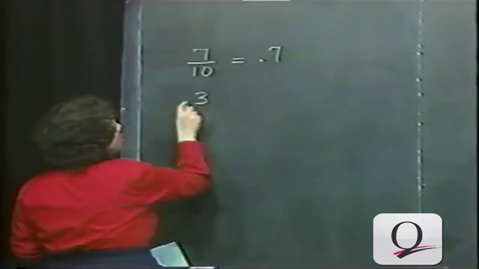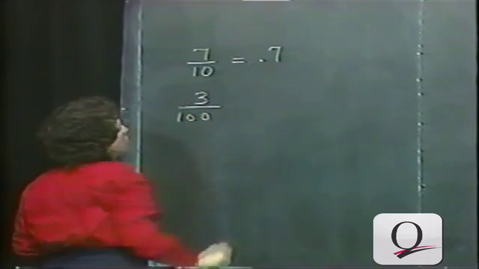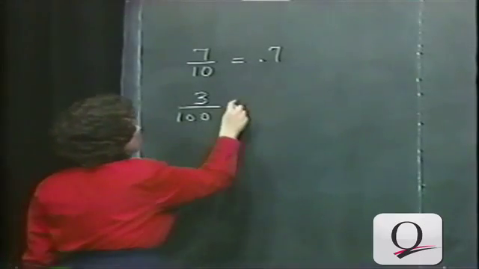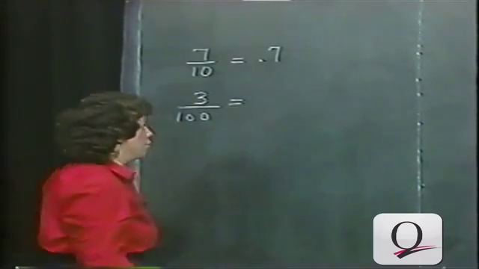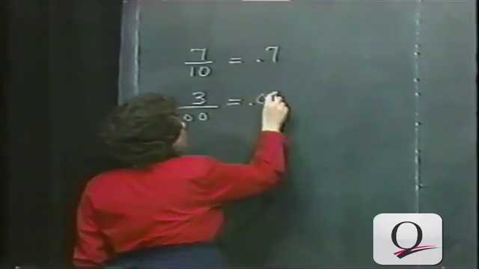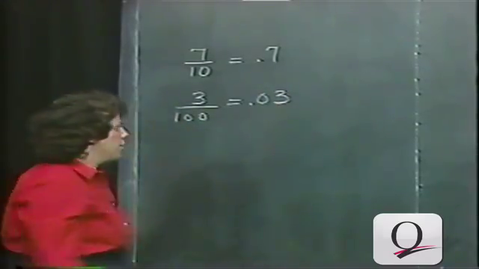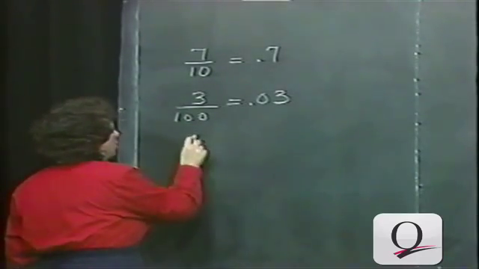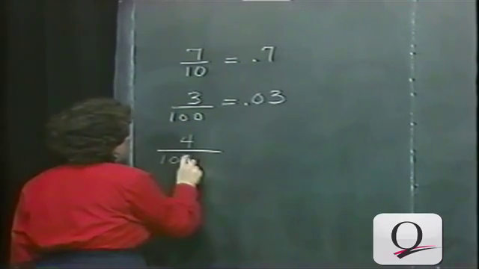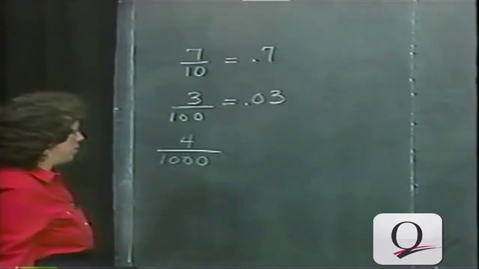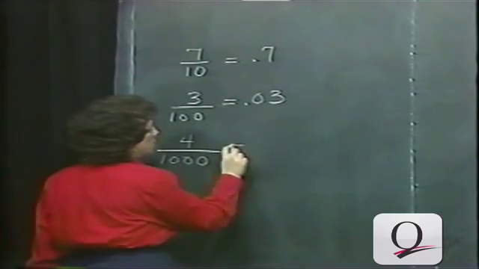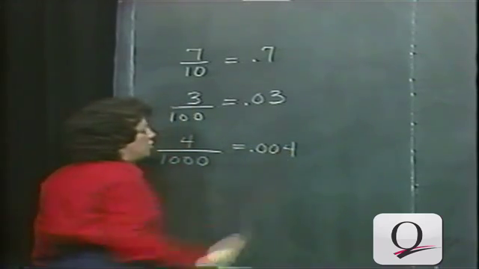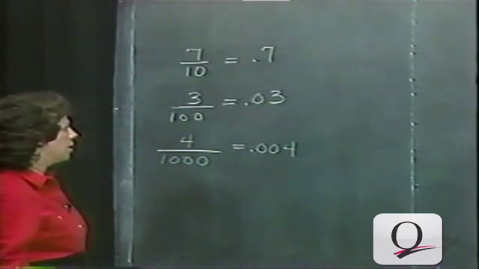Similarly, 3/100 is another decimal fraction, and that can be written in decimal form as 0.03, and it's read 3 hundredths. And 4 divided by 1,000, 4 thousandths, can be written in decimal form as 0.004, and it's read 4 thousandths.